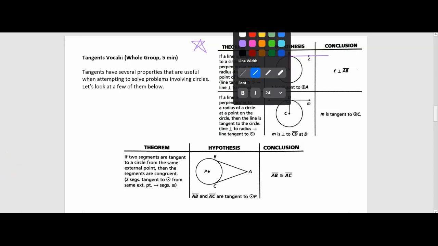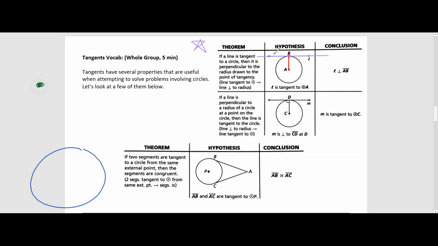Our next theorem says that if two segments are tangent to a circle from the same external point, then the segments are congruent. So actually, let me give you a new diagram here. I need to do a circle, so I'm not going to need my segment tool. Let's say I have a circle here, and I just pick a point outside the circle.